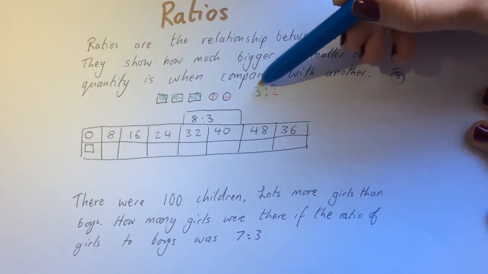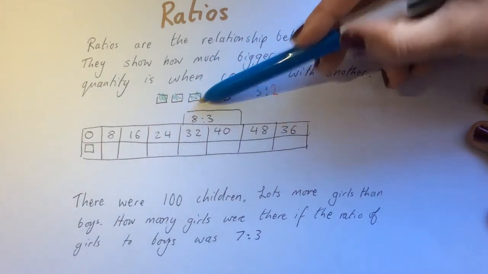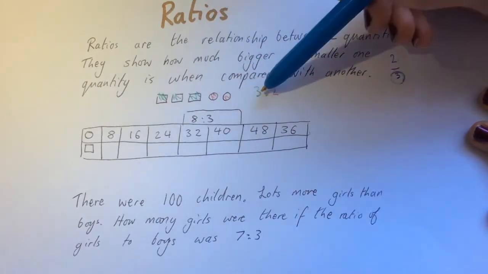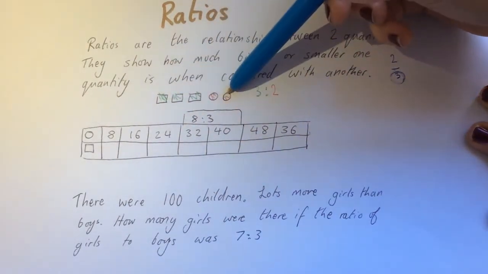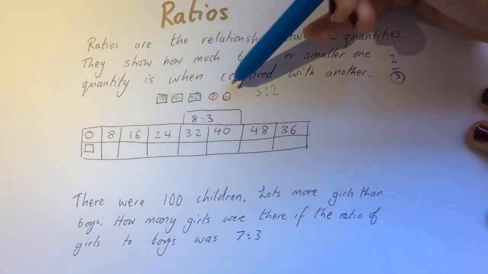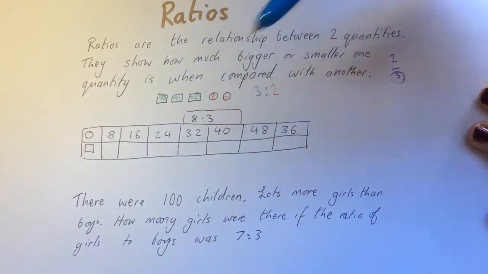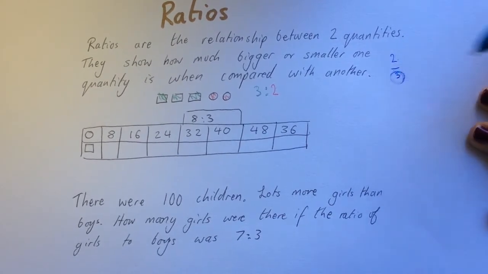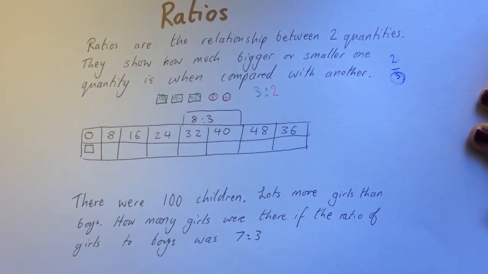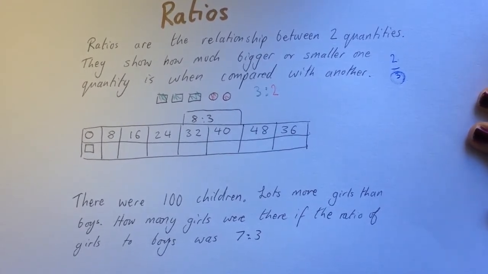If there's a 3:2 ratio like this one, the total amount is 5, because I've got 5 different shapes here. That doesn't work with fractions. The total amount is 3, the denominator only. It will come in handy later on with some more difficult ratio questions.